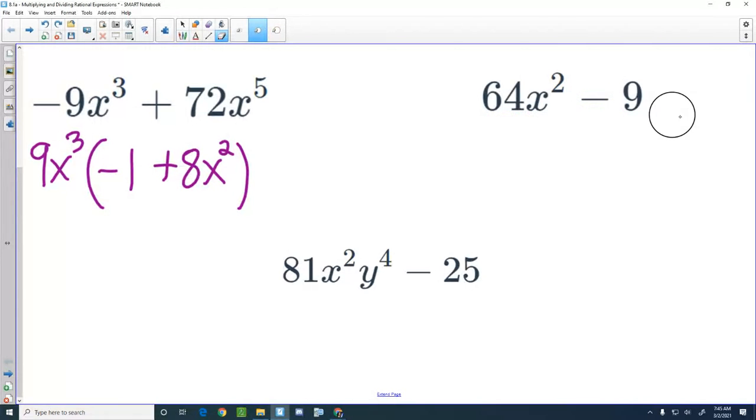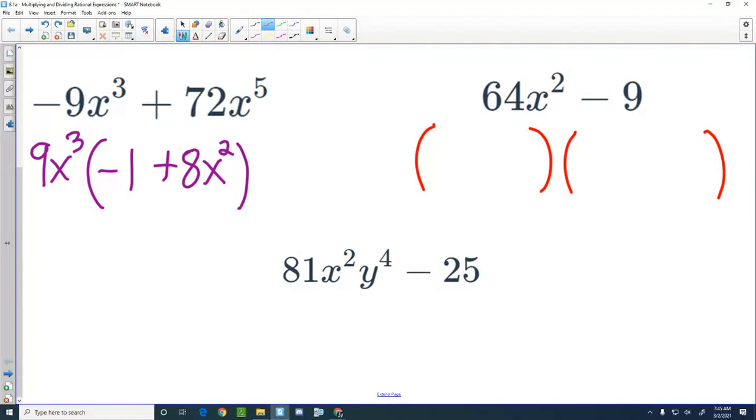So we're actually going to follow the exact same procedure that we did in that first problem with the x squared minus 49. It's going to factor into 2 different binomials. And one's going to be a plus, one's going to be a minus. We know that right away. But now what goes into those 2 spots? To figure this out, you have to take the square root of each of those terms.